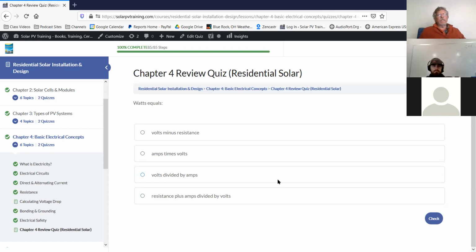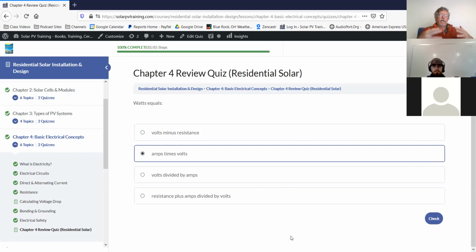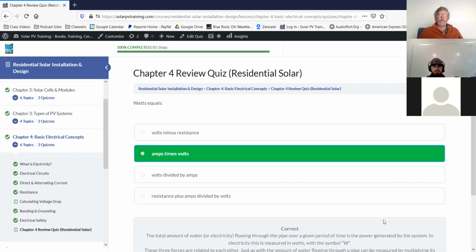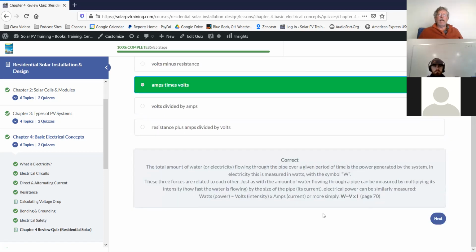Watts equals, well, this is going after the power equation. Watts equals amps times volts. This is one of the equations you're going to need to know for the test. Power equals amps, which is current, times the pressure or differential in potential. Watts equals amps times volts, and we will refer to that as W equals I times V. V is volts, I is the abbreviation for amps.